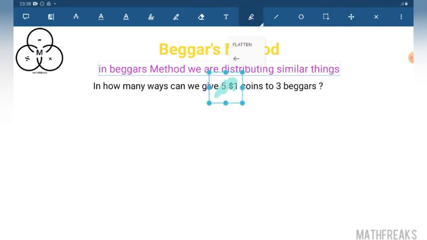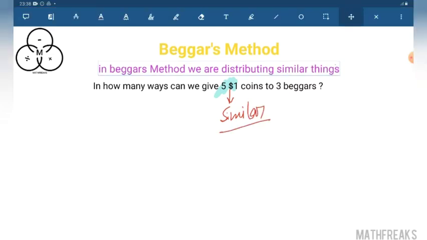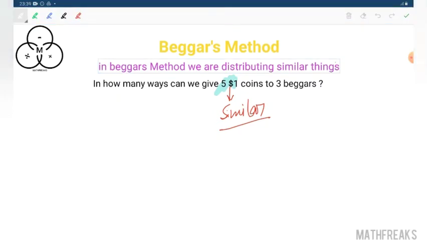$1 coins are similar. In how many ways can we do this? We are having 3 beggars. Let them be x1 plus x2 plus x3, and we are having total 5 coins, that is rupees 5.